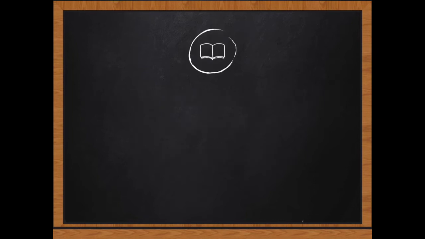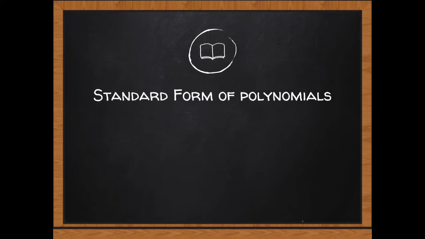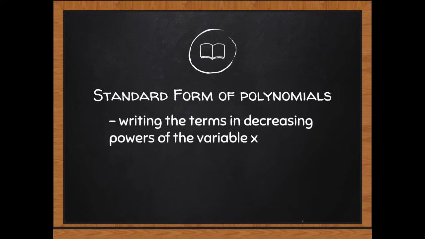Before we proceed on our examples, it is very important for us to know the standard form of polynomials. Paano po yun? It is by writing the terms in decreasing powers of the variable x. Tignan niyo po ito. X raised to the 5th power plus x raised to the 4th power minus x raised to the 3rd power or x cubed minus x raised to the 2nd power or x squared plus x, meron tayong invisible na 1 dito, plus 1 which is the constant.